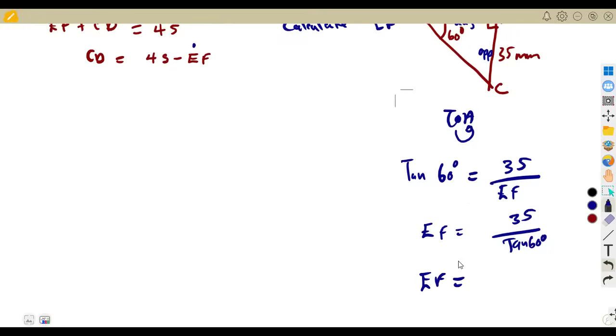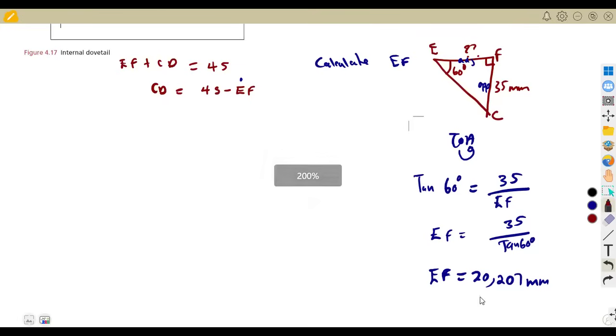So by doing this, we are finding the exact value of EF, which is going to be 20.207 millimeters. So that was going to be our EF, 20.207 millimeters. So with this EF, we are going to calculate CD, because CD is 45 minus EF, which is 20.207.